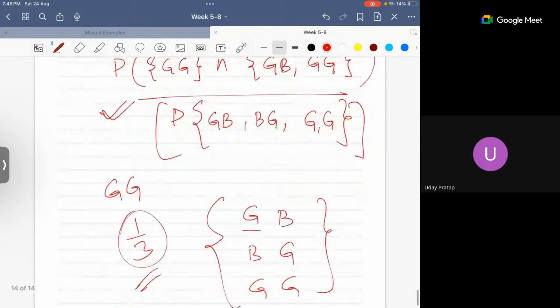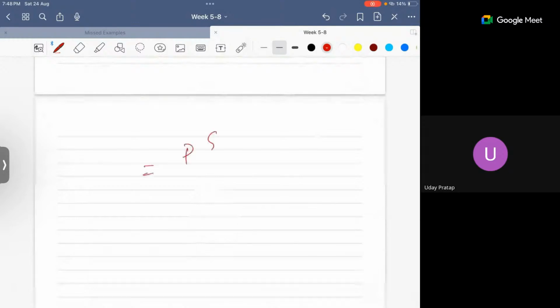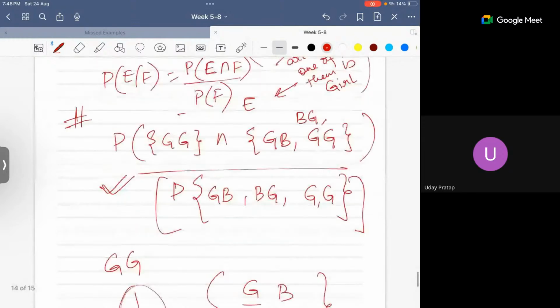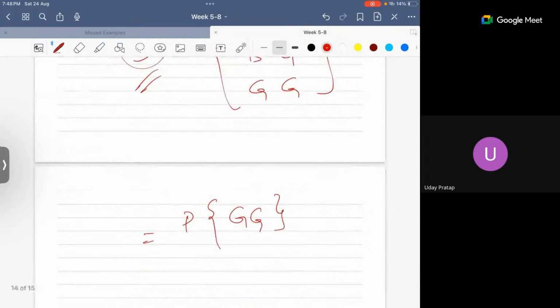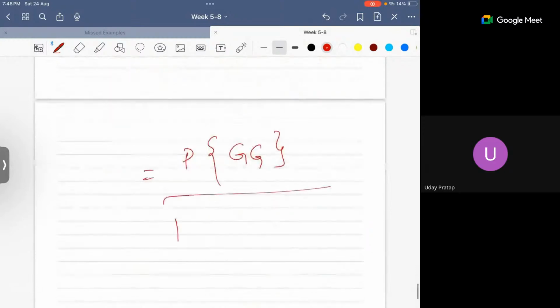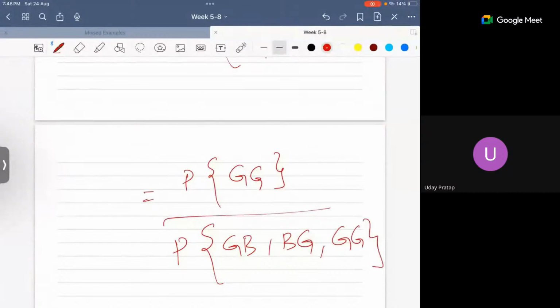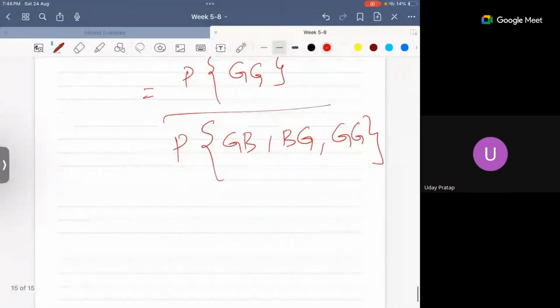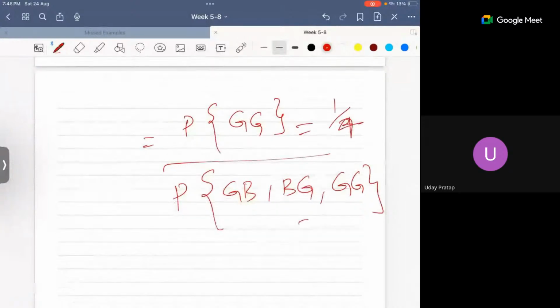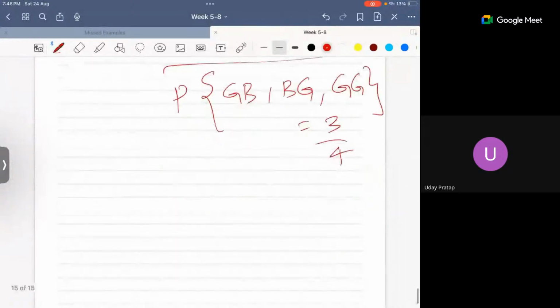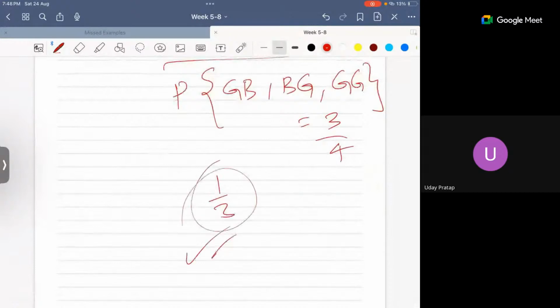So you are left with the probability of GG, and the denominator should be the probability of all these three cases. So this is 1/4, and the denominator is 3/4. You should be getting 1/3 as the correct answer. Is this clear, everyone? Is this clear or not? Yes, sir.